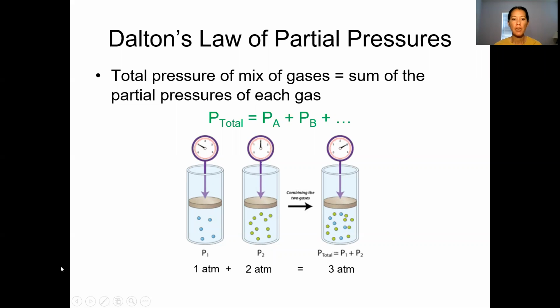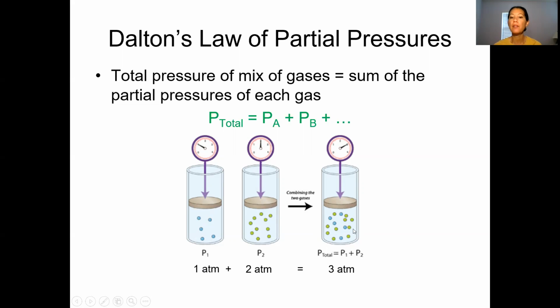Say you have a container with just one gas. We'll call this gas A. I'm going to tell you, okay, these 5 particles impart a pressure of 1 atm. Gas B here, the green ones, there's more in there, and it ends up having a pressure of 2 atm.